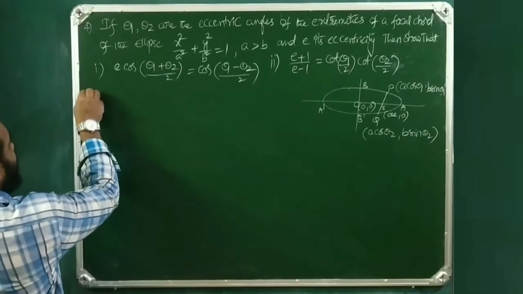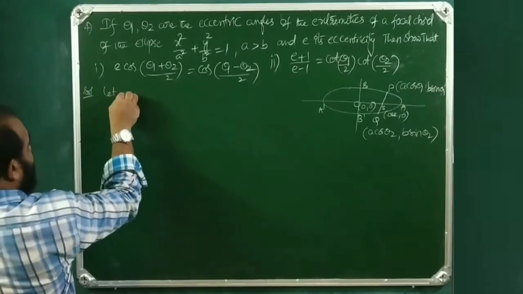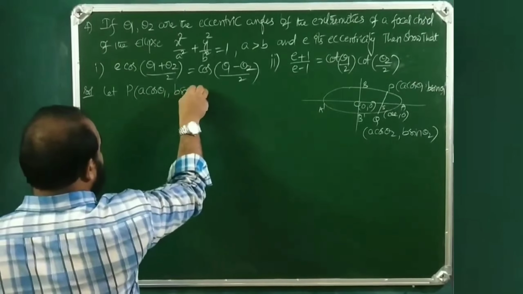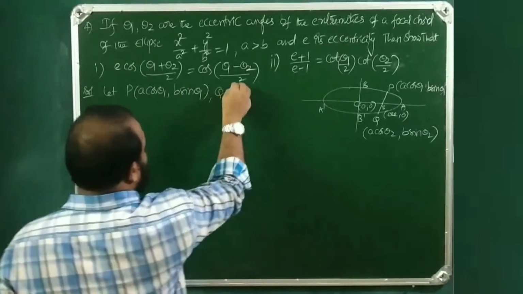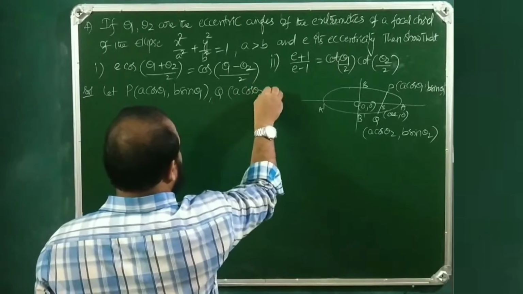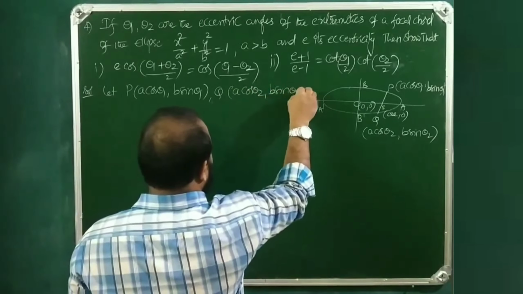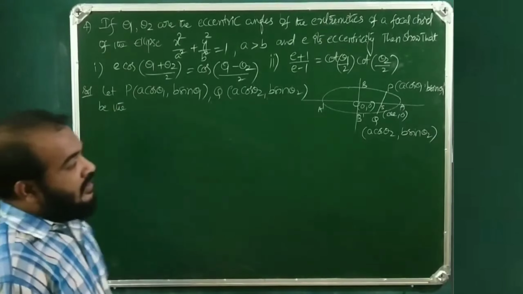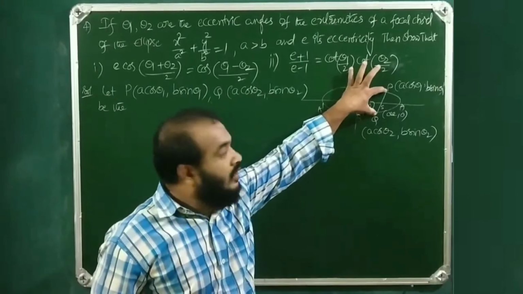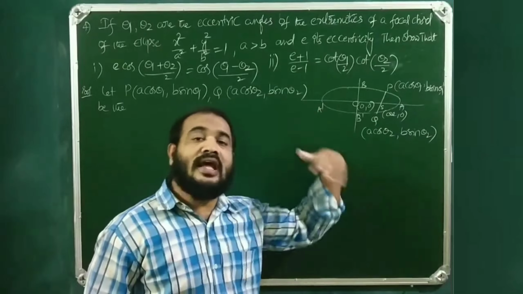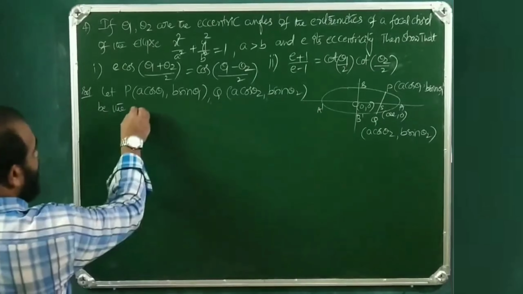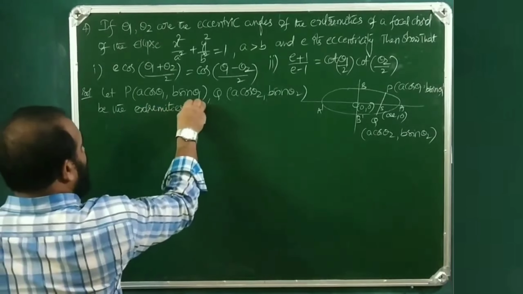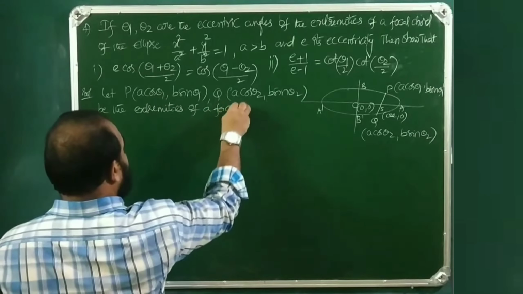So, let P (a cos theta 1, b sin theta 1) and Q (a cos theta 2, b sin theta 2) be the ends, or extremities, of a focal chord.